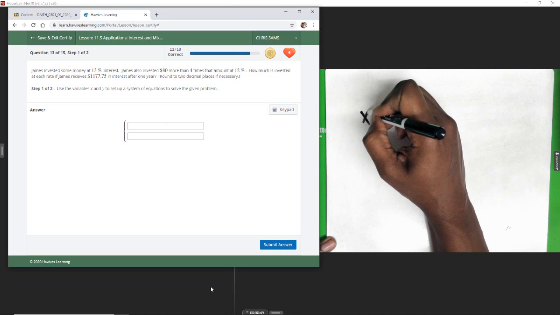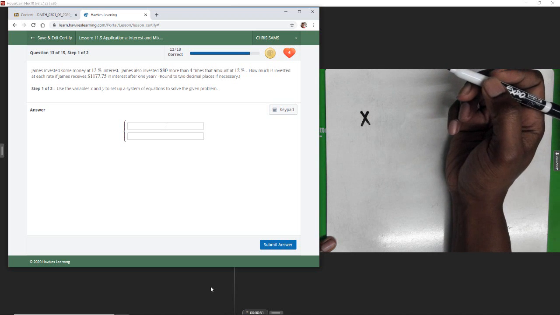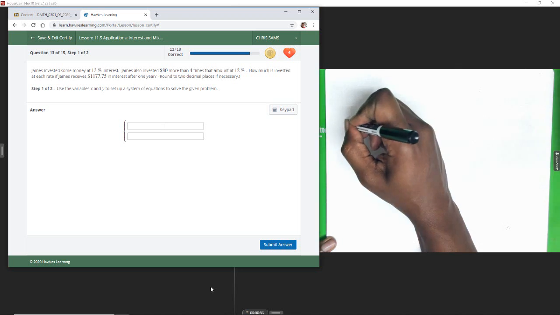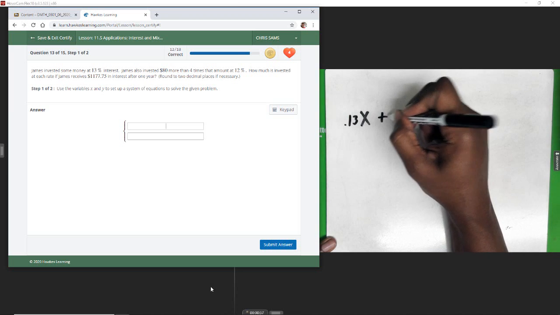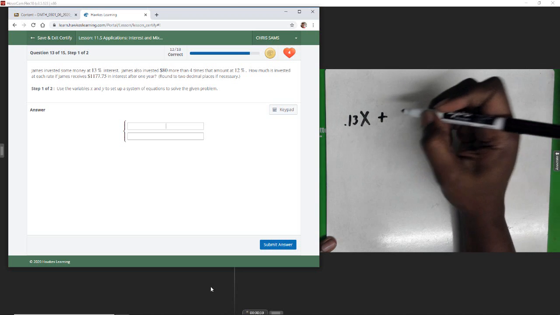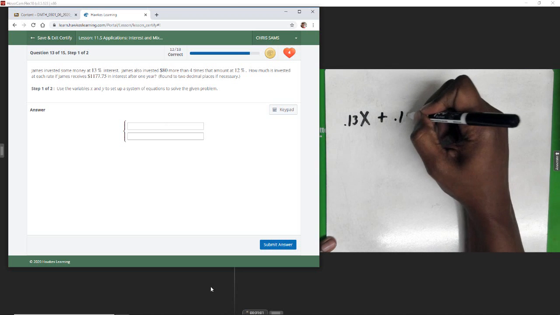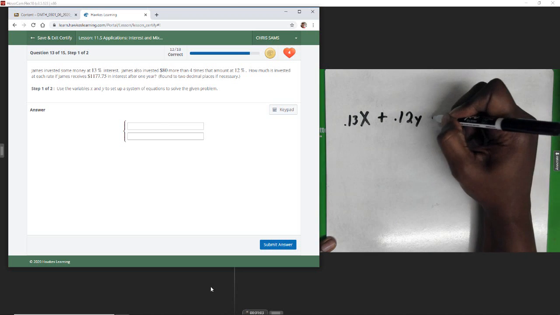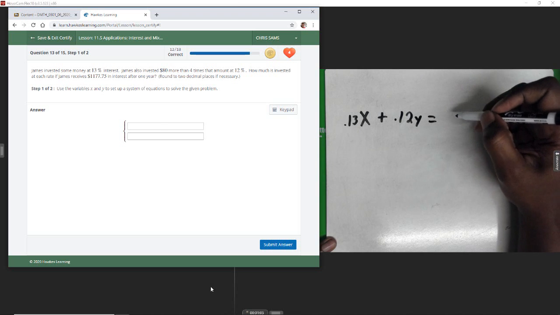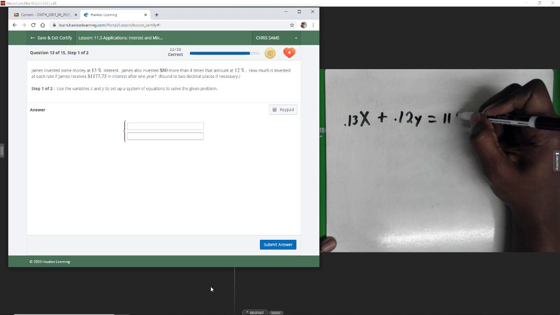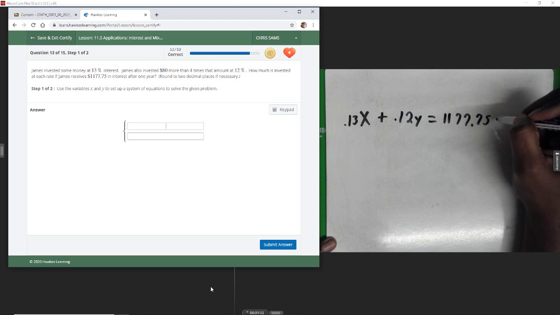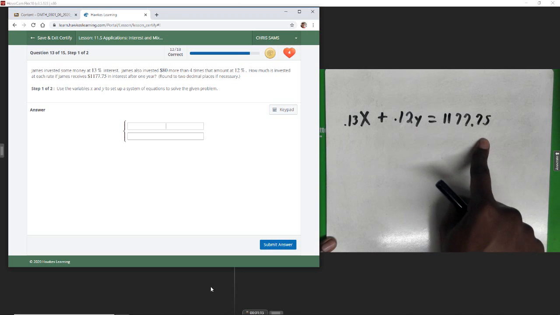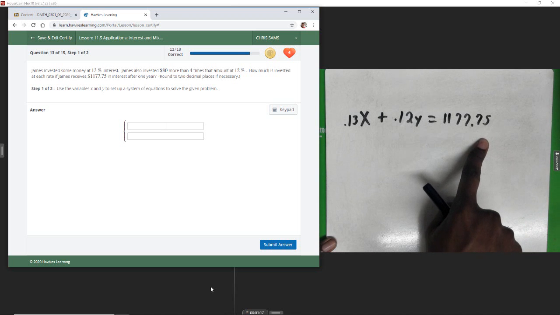So x is going to be the 13%, so we'll say 0.13x plus this amount at 12%, 0.12y equals the total interest, which is the $1,177.75.